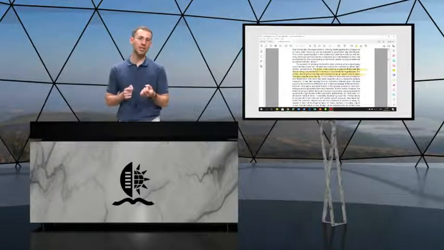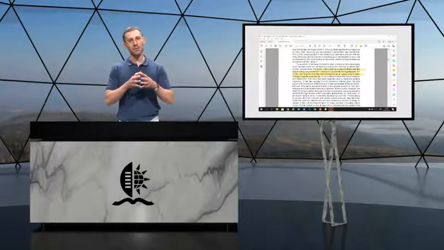But homogenization in this sense is about when one kind of something is taking over. So let's think of American culture, for example. American culture has a homogenizing effect across the whole world.